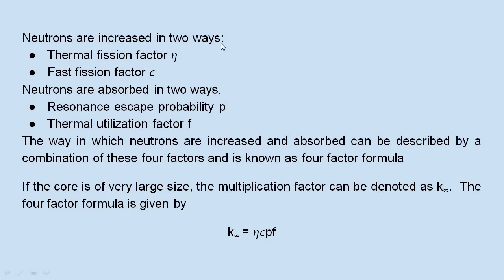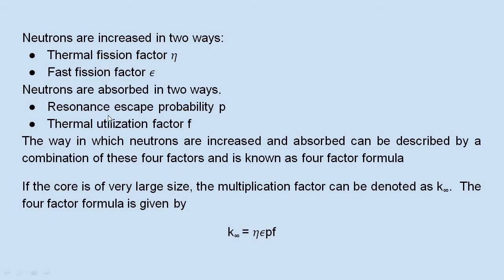So neutrons are increased in 2 ways: thermal fission factor eta and fast fission factor epsilon, and they are absorbed in 2 ways: the resonance escape probability P, and thermal utilization factor F. The way in which neutrons are increased and absorbed can be described by a combination of these four factors and is known as the four-factor formula.